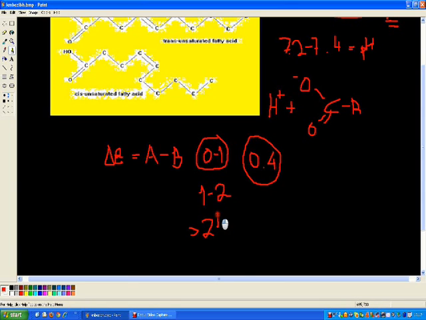For example, NaCl, it's Na plus, Cl minus. By the way, if you see these two elements on the periodic table, chlorine is very much to the right, and sodium is at the extreme left.